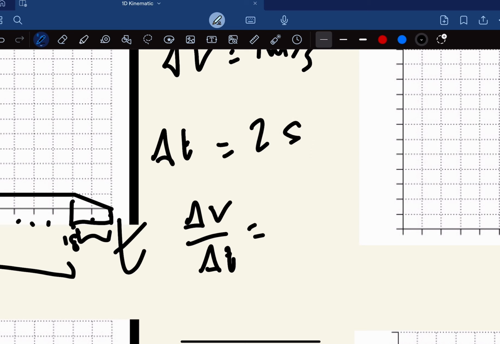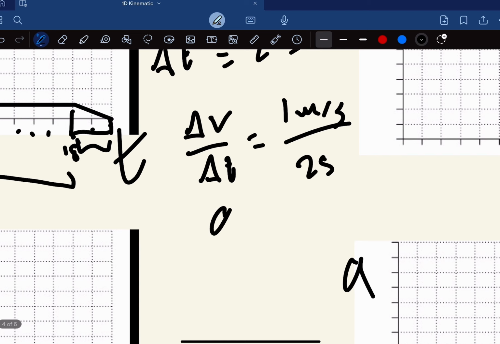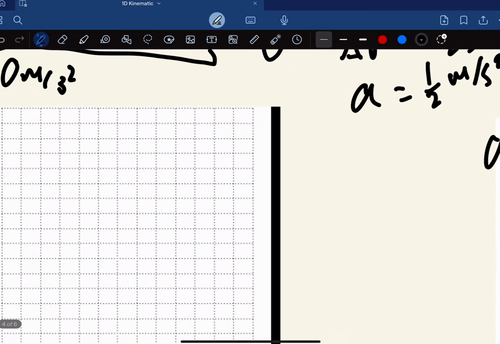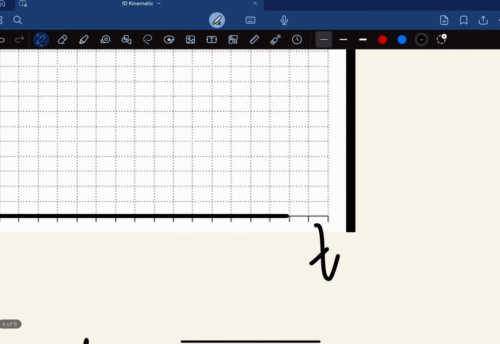So delta v over delta t equals 1 meter per second divided by 2 seconds, which is a equals 1/2 meter per second squared. So we can draw in an instantaneous jump to the 1/2 line.